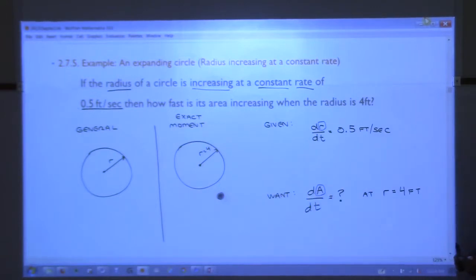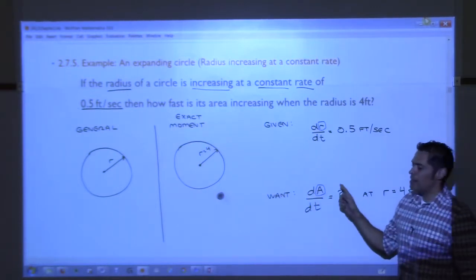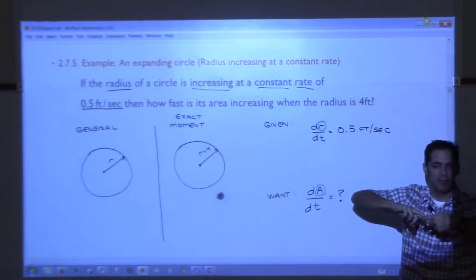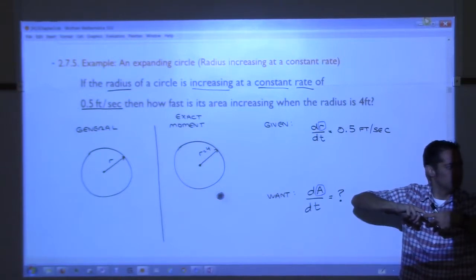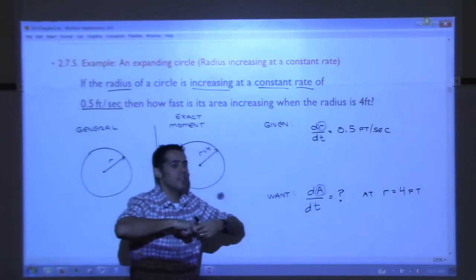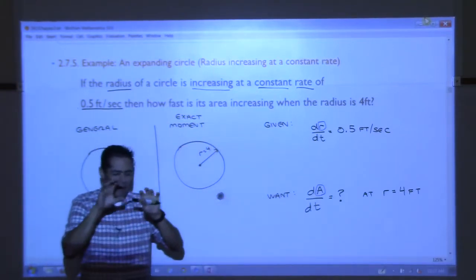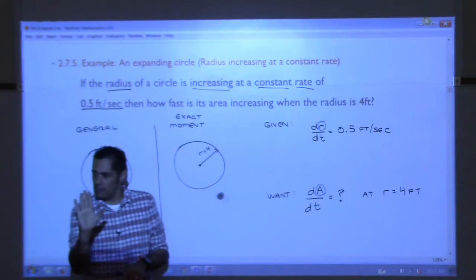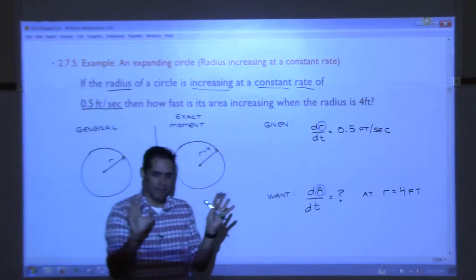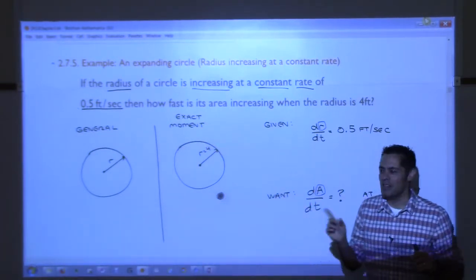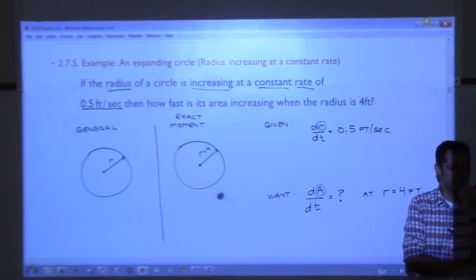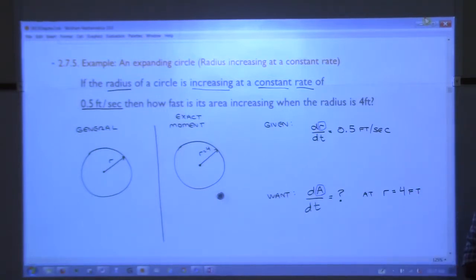Why in the world would I want an equation that has A and r connected? If it wasn't, it wouldn't be called related rates. Yes, that's true, but you're trying to come up with an equation that has A in it and r in it, right? You're looking for a set value of r, and you're looking for A, so one variable, one given.